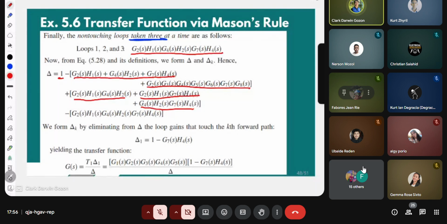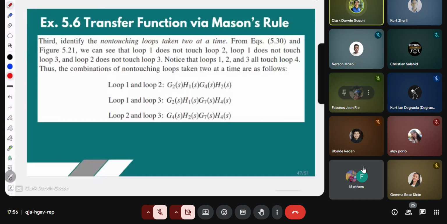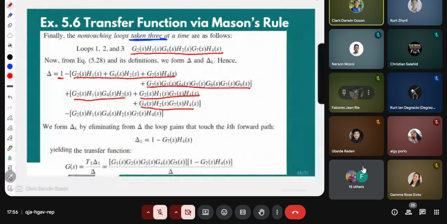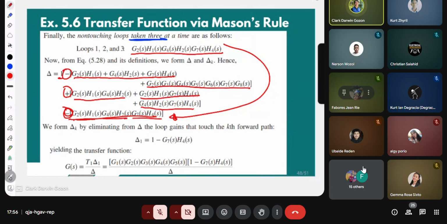This is the third nga non-touching loop gains. Kanina, kani, no? Itong gisulat na ito kanina. Dayon, the last term, if you recall, minus na siya, no? So, minus plus minus. Taken 3 at a time. Mao na siya actually. Taken 3 at a time. Mao ning G2H1, G4H2, G7H4.